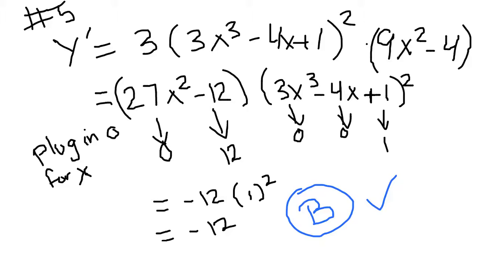So I go ahead and bring the 3 down, and that's where I get that 3, and then I subtract by 1, and so on and so forth, and then this 9x squared minus 4 just comes from taking the derivative of the inside here, and then moving to the next step, all I do really is just simplify.